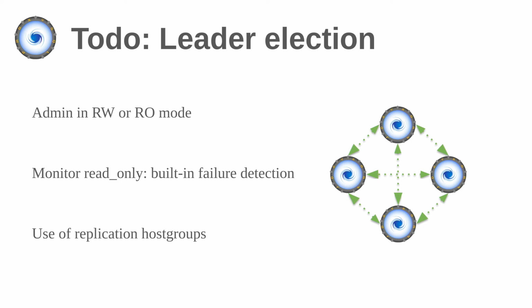So what you do is, if you have 4 proxies in the core, you configure 3 of them as read-only and 1 of them as read-write. Because they monitor each other, running select read-only, they will automatically know which one is the writer and which one is the reader.